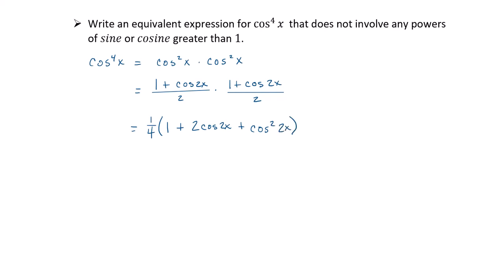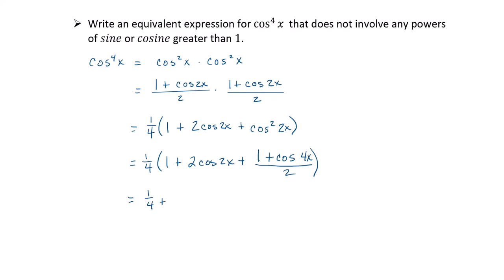Now I can go ahead and use the power reducing formula again. 1/4 times 1 plus 2 cosine 2x plus, remember the cosine squared 2x is going to be 1 plus cosine of double what we had before. It was a 2x, now it's a 4x over 2.